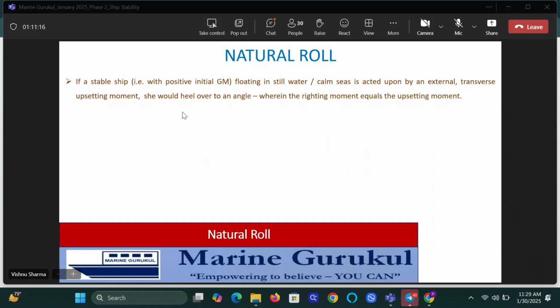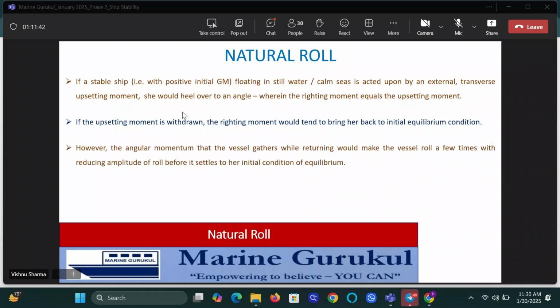A stable ship, that is with positive initial metacentric height, floating in still waters, is acted upon by an external force, that is a transverse upsetting moment. She would heel over to an angle wherein the righting moment equals the upsetting moment. So you made her incline. Now, if you withdraw the upsetting moment, the righting moment will tend to bring her back to the initial equilibrium condition.